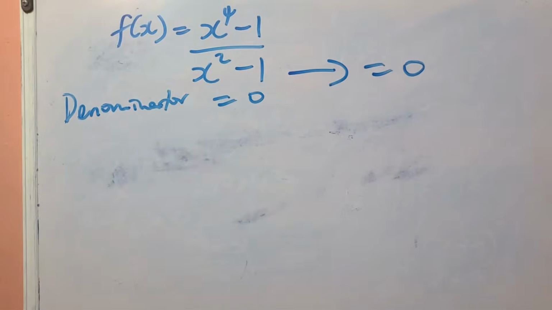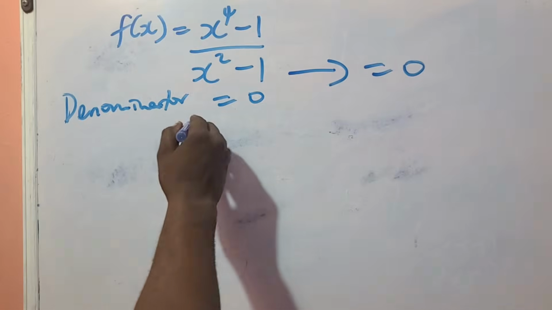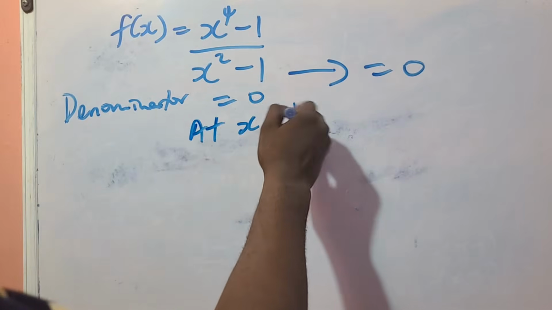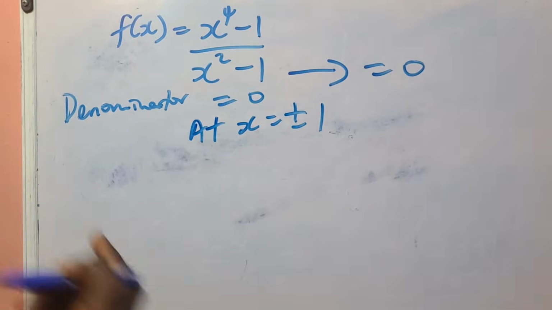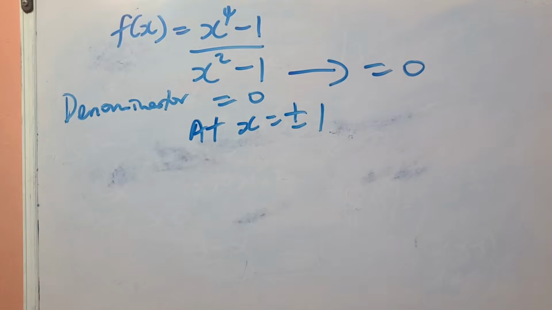So that means at x equals plus or minus 1, this function will reach the point of discontinuity. So simple. How many of you got this in the test? Can you imagine the level of simplicity of this question? You're just supposed to identify at what point we're going to have the denominator as 0, and that's actually the point of discontinuity.